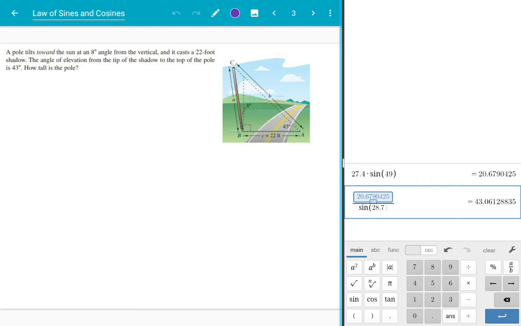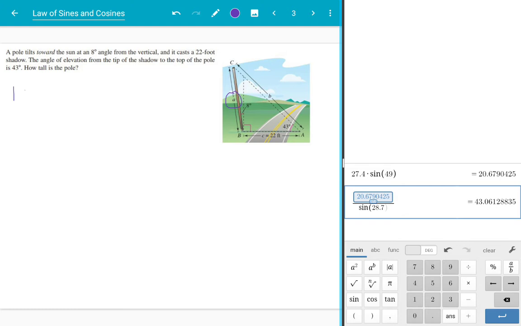So basically what we're looking for is A, so we're definitely going to have to use the ratio of A. Now which ratio did they provide us with, if any? Well, we have angle A, but we don't have side A. We have angle B, but we don't have side B. We have side C, but we don't have angle C. So we're going to have to figure out that third angle first.